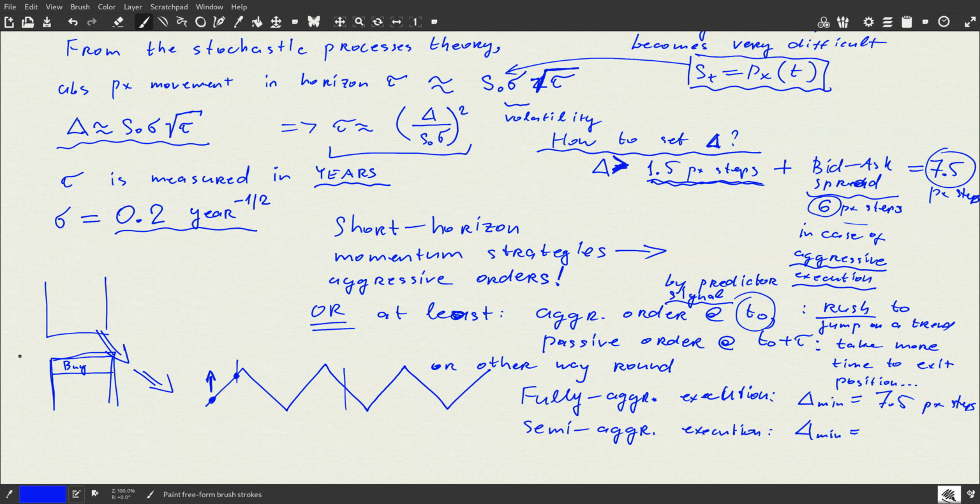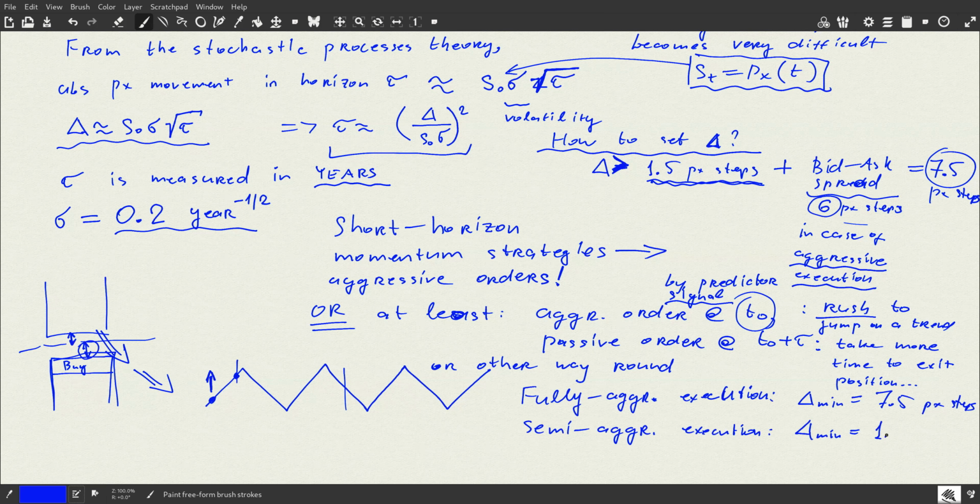So you see, when you do an aggressive order, you spend half of the bid-ask spread. When you do a passive order, you earn half of the bid-ask spread relative to the midpoint. Therefore, if you do twice aggressive, then it is the whole bid-ask spread. But if you are one time aggressive, one time passive, then it is 0, because they counterbalance each other.